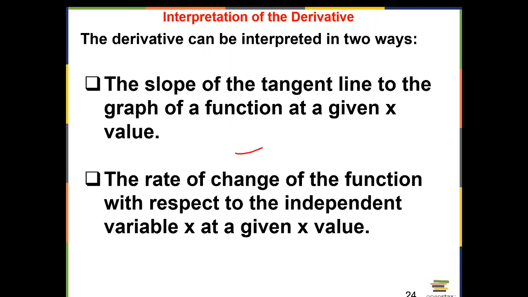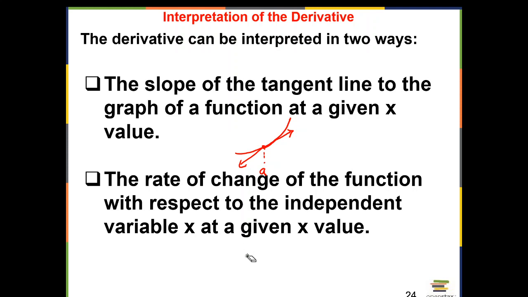So let's say this is the function and here's the point. When we talk about the derivative of a function at that point, one interpretation is the slope of that tangent line at this point, right? That's one interpretation of derivative.